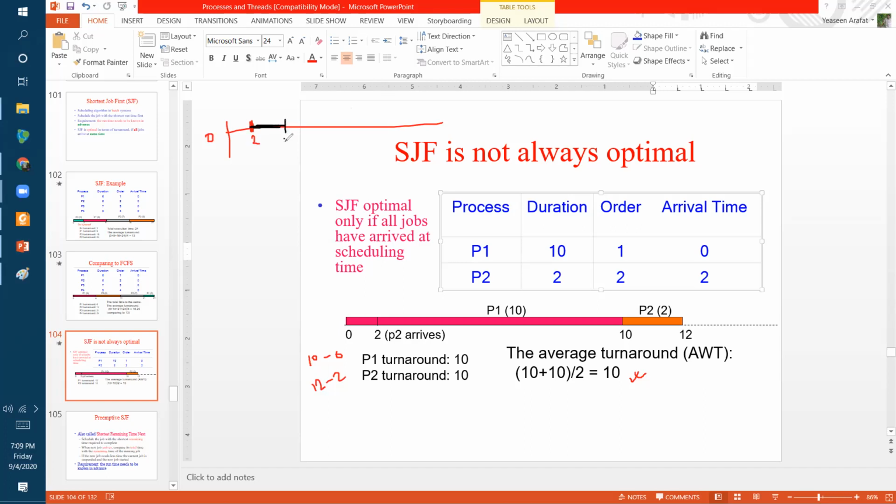So it will end at 4 seconds. P2 needs 2 seconds to do its job, then P1 starts its journey.